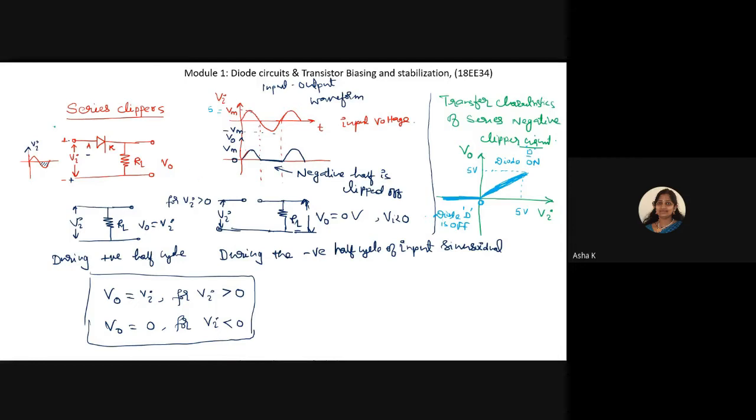In the series clipper, the first one is the series negative clipper circuit.